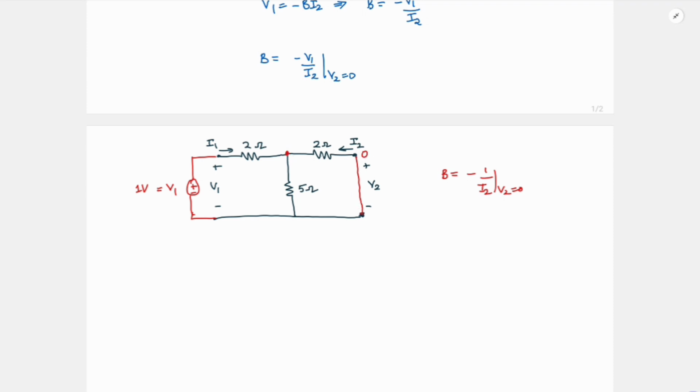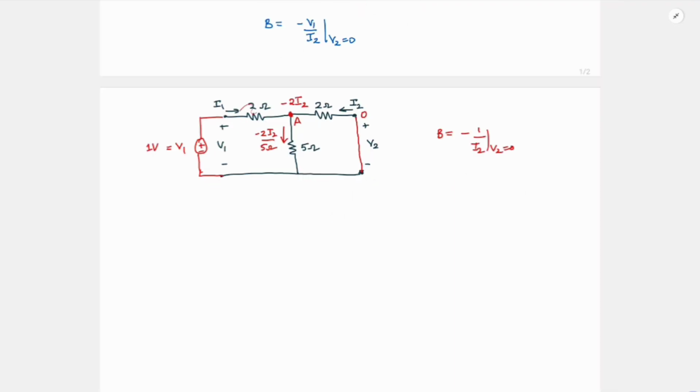I2 is flowing across 2 ohm, so this voltage will be minus 2 I2. This current will be minus 2 I2 by 5 ohm. Then my I1 will be nothing but 1 minus of minus 2 I2, divided by 2 ohms, so this is 1 plus 2 I2 by 2.